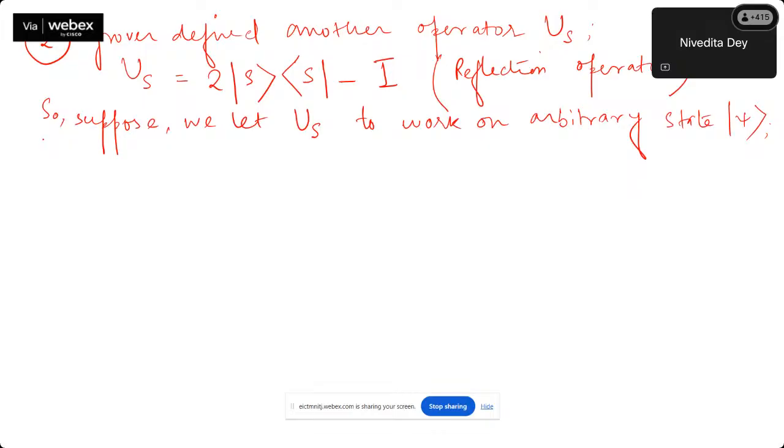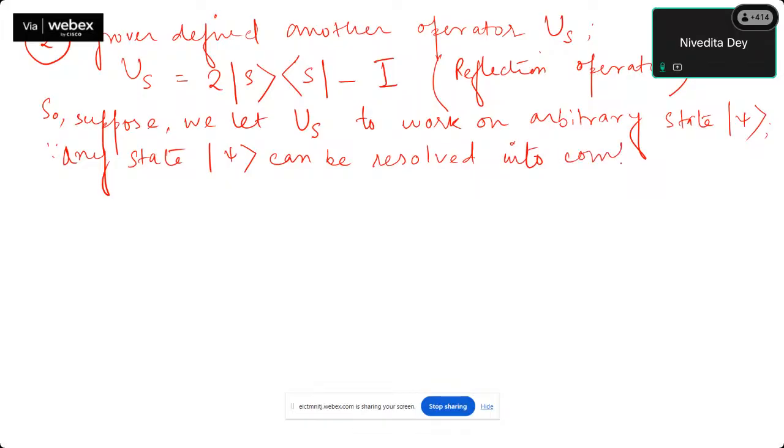Since any state psi can be resolved, this is all happening in the quantum paradigm. Remember, this is not classical, and these are all photons. So that is why reflection properties will definitely be there. So any particular state, or say a photon ray, psi can be resolved into components.